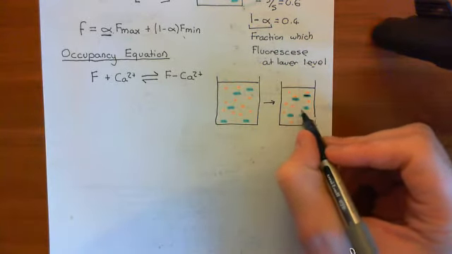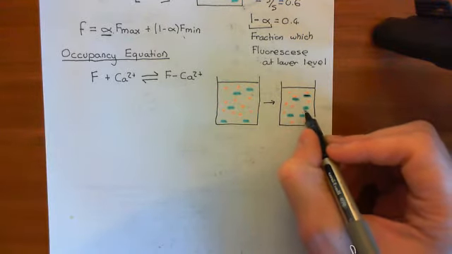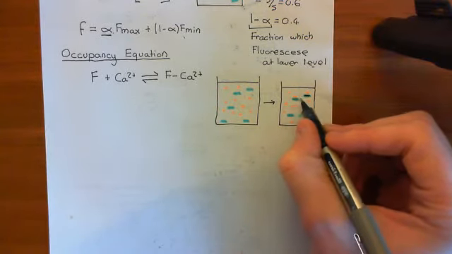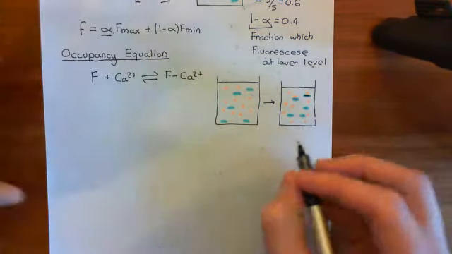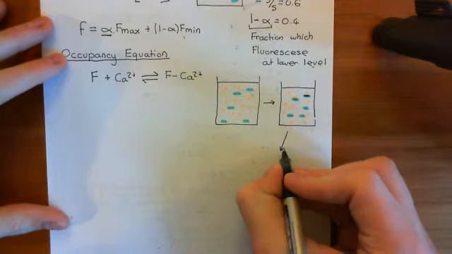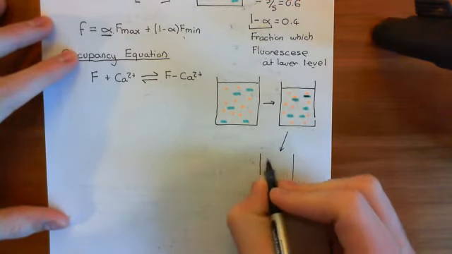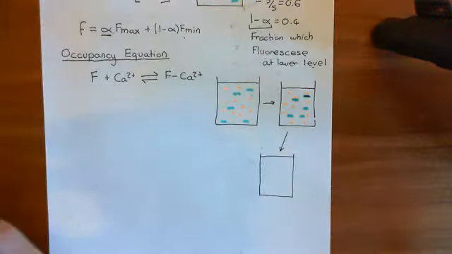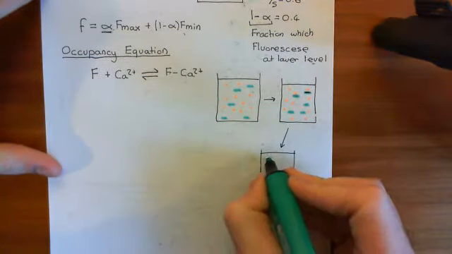Let's say that at the moment, the rate at which we are forming new Fluo-4 calcium complexes is still greater than the rate at which they're breaking down. So maybe it will go on further, and we'll end up with 3 of these Fluo-4 calcium complexes.